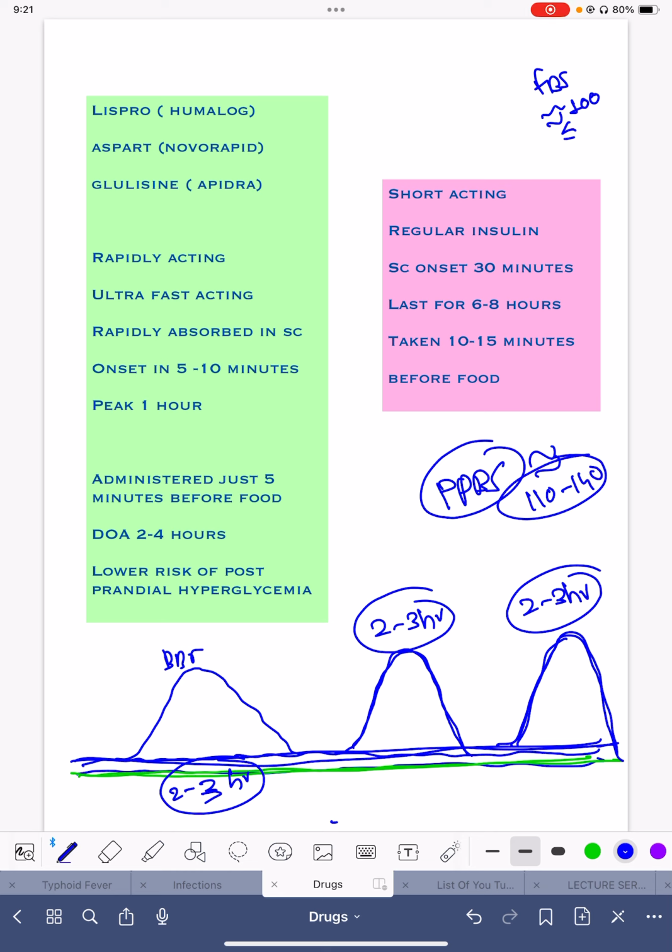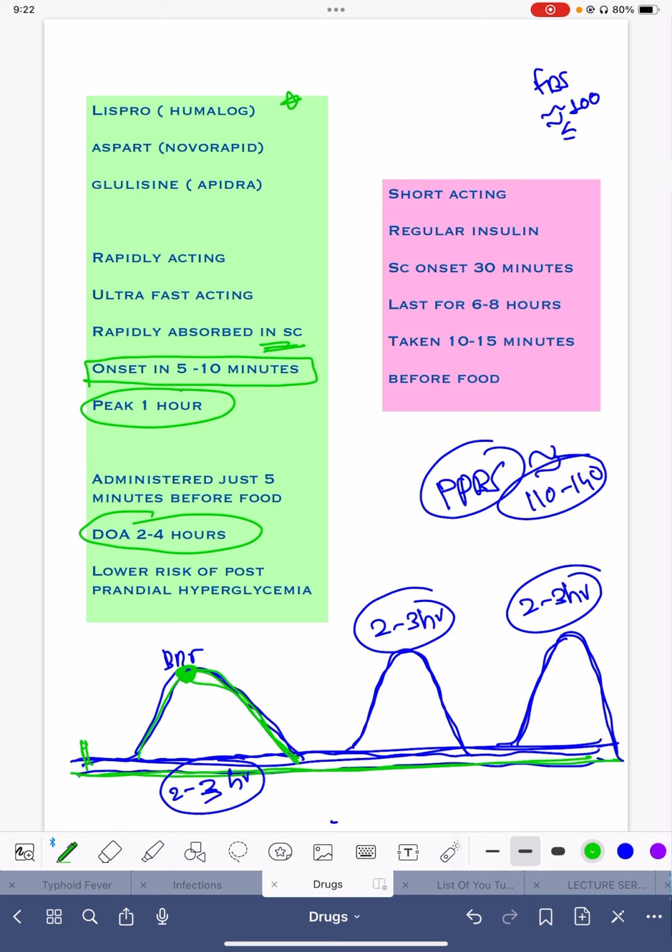So what happens in these patients is that the sugars, which should come to the normal limit within 2 to 3 hours, these ultra fast acting insulins actually work the same way. These ultra fast acting insulins basically get very rapidly absorbed from the subcutaneous surface as soon as they are injected, and they start acting within 5 to 10 minutes, and their peak of action is at around 1 hour, and their activity lasts for around 2 to 4 hours.